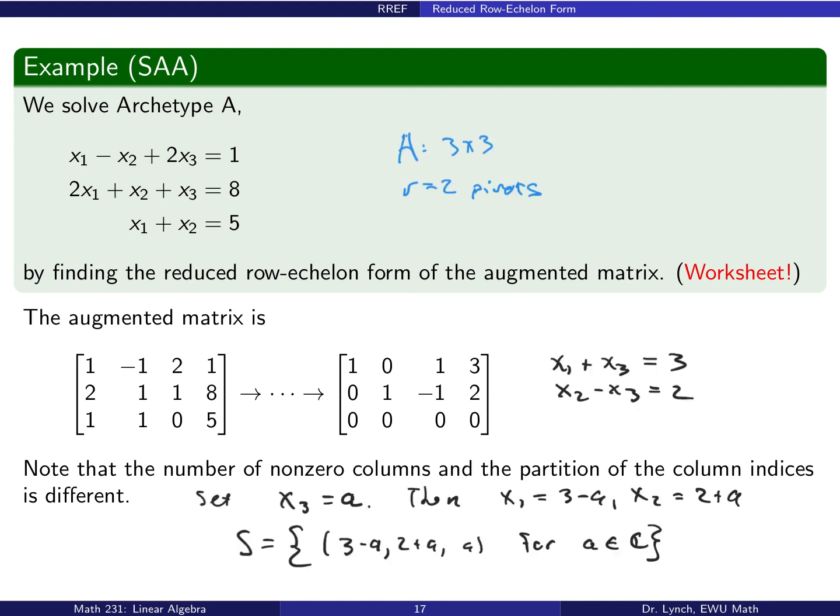So the set of solutions can be represented by an infinite number of solutions, where x1 is 3 minus a and x2 is 2 plus a, for x3 equal to any value of a. Again here, the number of variables is 3 and there are 2 pivots, leaving 1 free variable.